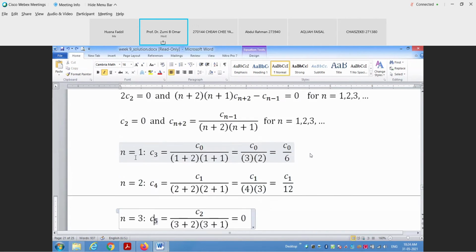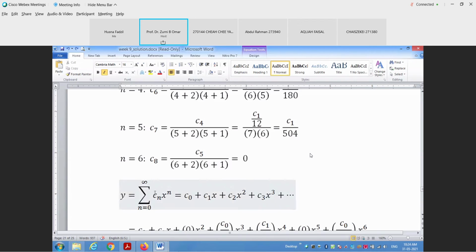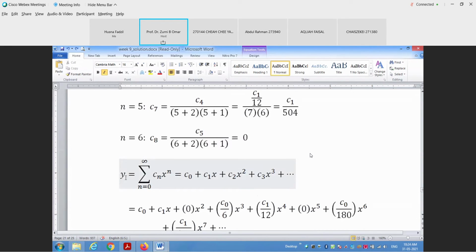So we go back to the form, series solution form. So this is our form, right? So you expand this, so it will be C naught, C1x, C2x squared plus C3x cubed, and then C naught and C1 they are independent parameters. They remain unchanged because all other terms depend on C naught and C1.